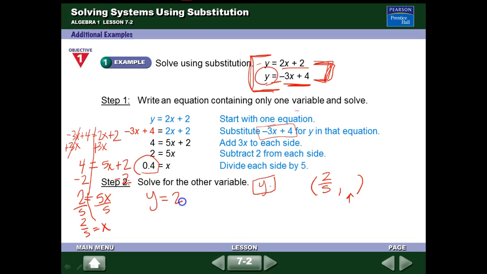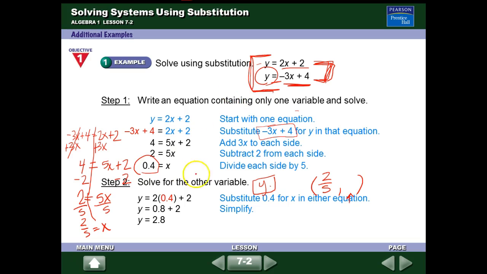So y equals 2x plus 2. That's one of my equations. I'm using it because there's no negative in it. I can take my x. What does x equal? Well, x equals 2/5, plus 2. Or you could have put 0.8 in. That works as well.